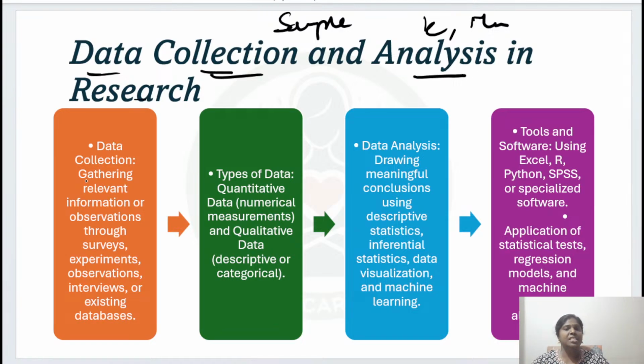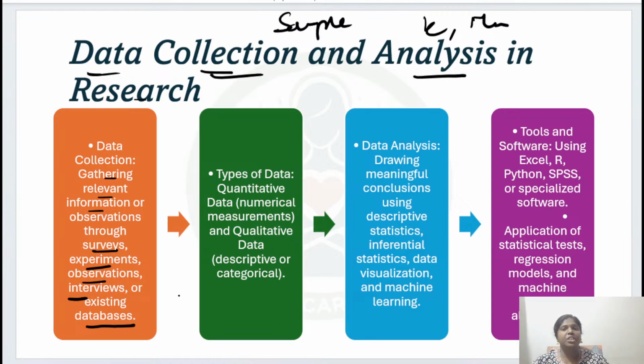So, data collection is gathering the relevant information through which ways? Through surveys, experiments, observation, interviews and databases, right. How will we do surveys? Especially nursing students, during the second year of the 4-year BSc nursing program, and the 4th year, in the community health program, when they go into the community, they do surveys, especially in rural areas.